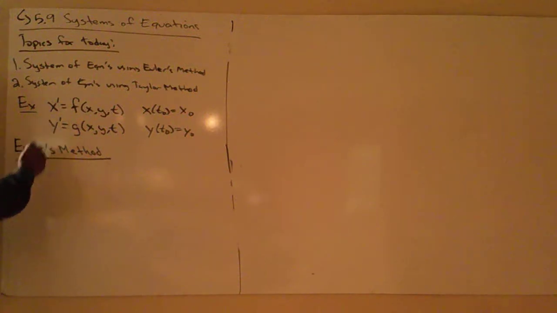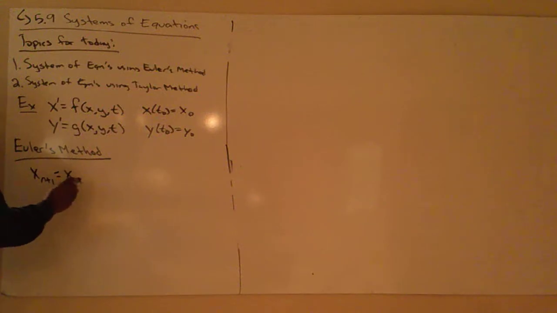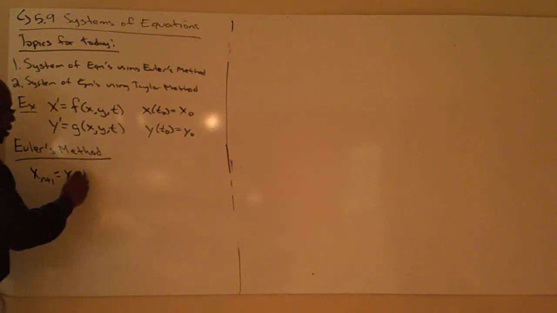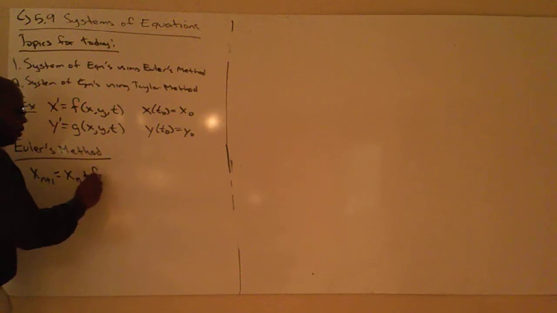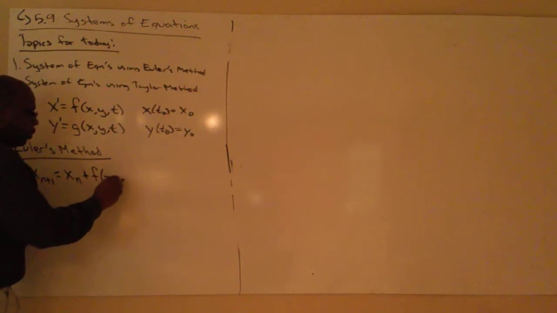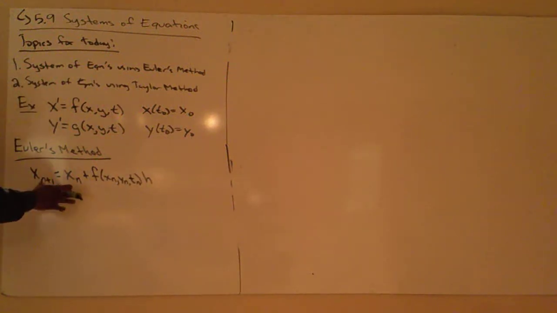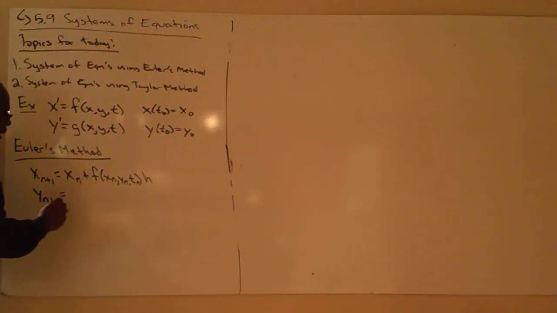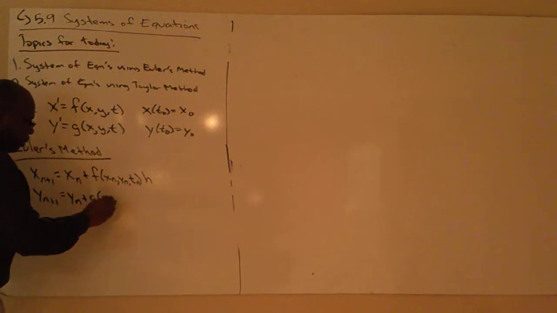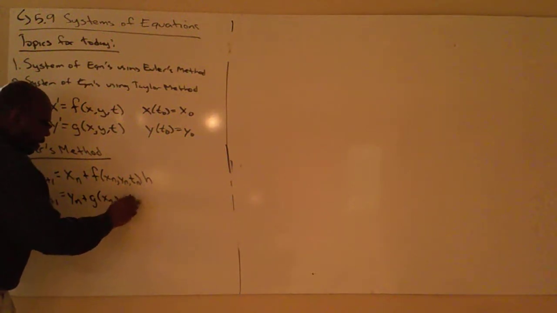So the solution for x will be x sub n plus 1 equal to x sub n, just like we did before, plus f of x sub n, y sub n, t sub n times h. Okay, so that takes care of approximating the solution for x, and then I need to do approximation for y. y sub n plus 1 is equal to y sub n plus g of x sub n, y sub n, t sub n times h.